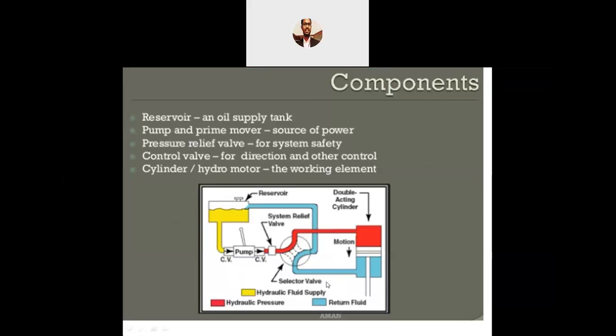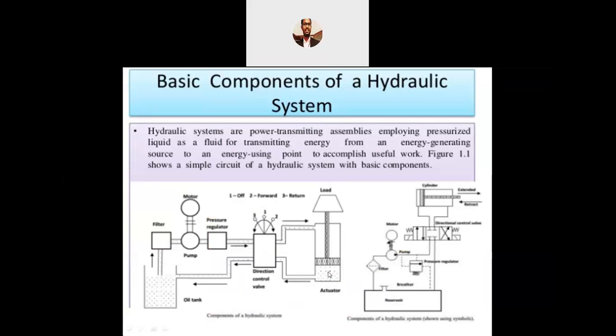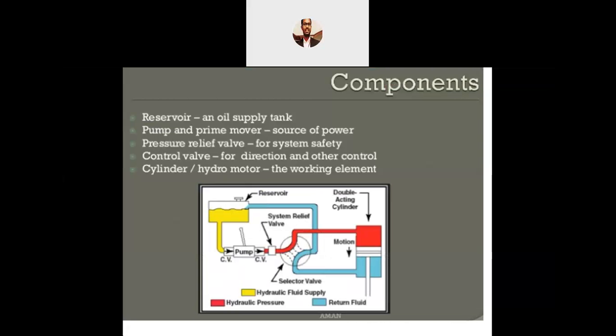Okay, now there will be two types of cylinders. The first one is a single acting cylinder and the second one is a double acting cylinder. What do you mean by single acting cylinder? Single acting cylinder means it does the work only in one action, which we call single acting.